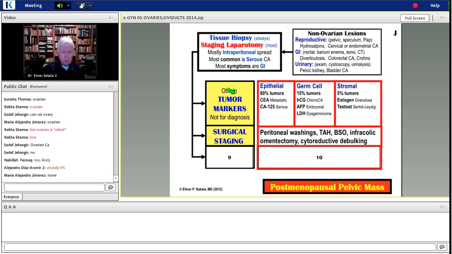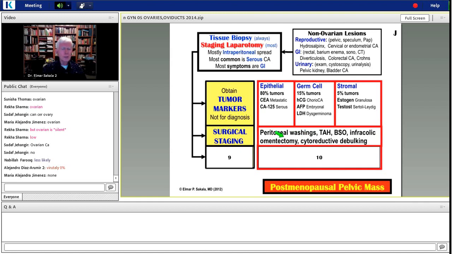Surgical staging. When you open the peritoneal cavity, first thing you do is to put in 1,000 milliliters of saline, aspirate it up, and get peritoneal washings. Could you have microscopic spread? Because you could possibly get microscopic, but no gross spread. Then we do a total abdominal hysterectomy, bilateral salpingo-oophorectomy, and an infracolic omentectomy.